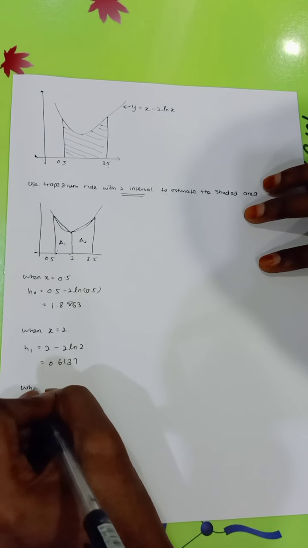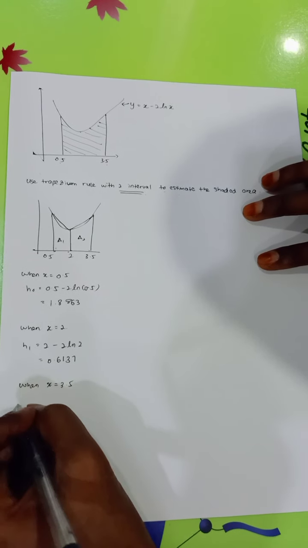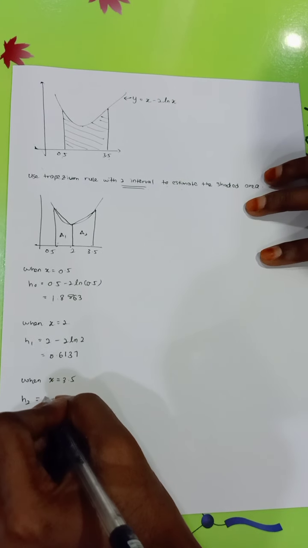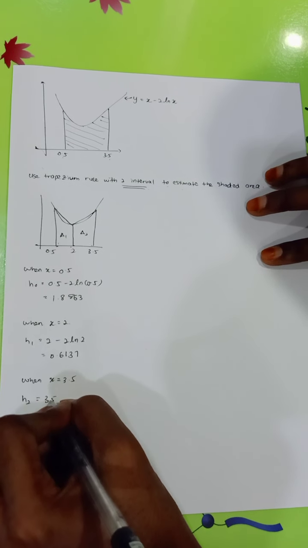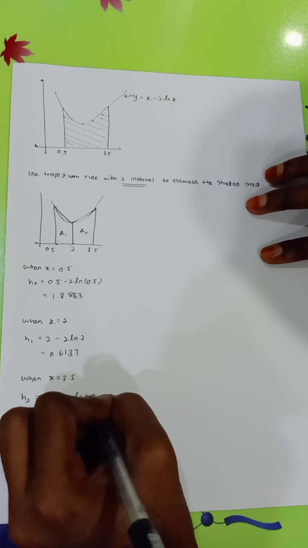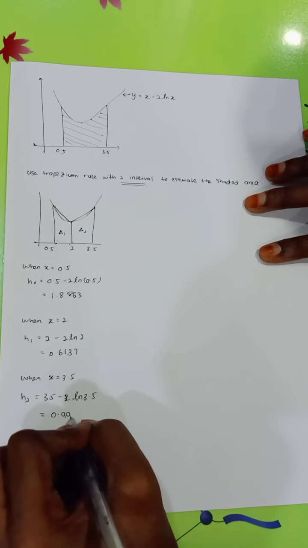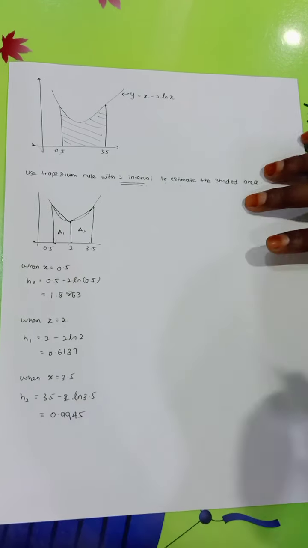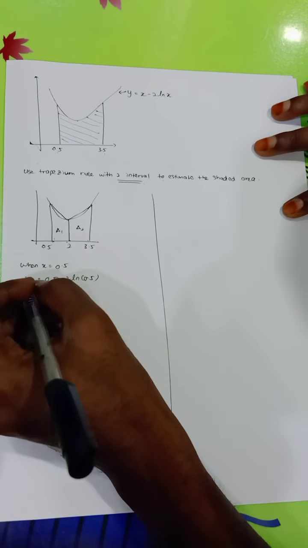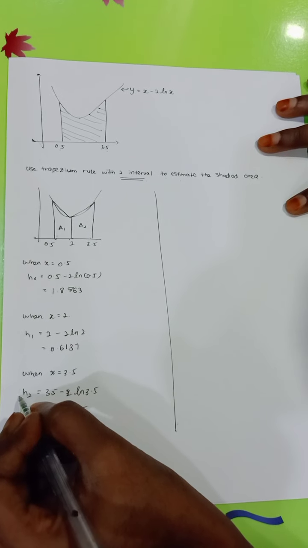When x equals 3.5, my h2 is 3.5 minus 2 ln 3.5, which is 0.9945. So this is my h0, h1, and the last height is hn.